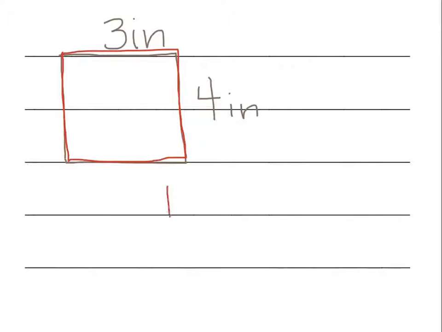So our perimeter equals 14 inches. It's our measurement all the way around the outside. Think of it like measuring for baseboards or for a picket fence around an area. It's going to go just around that outside edge.